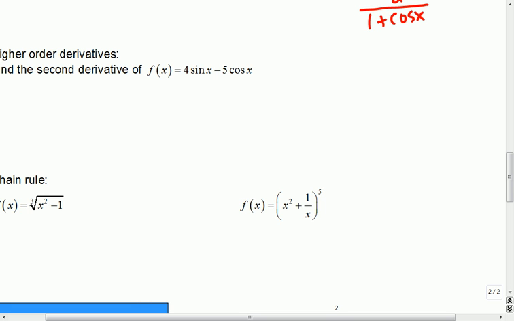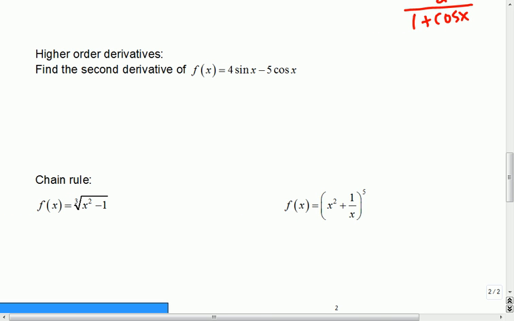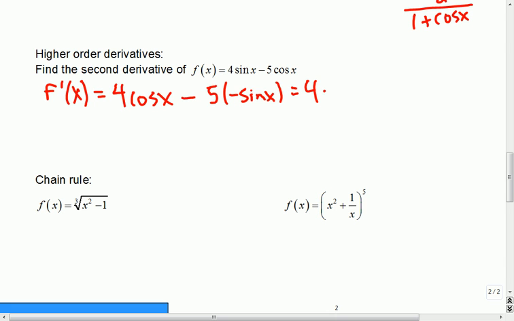If I'm going to find the second derivative, first I got to know the first derivative. So the first derivative, hopefully this derivative is basic enough that we can just whip through it. It would be 4 cos x minus 5 times negative sine x. So that's the same thing as 4 cos x plus 5 sine x.